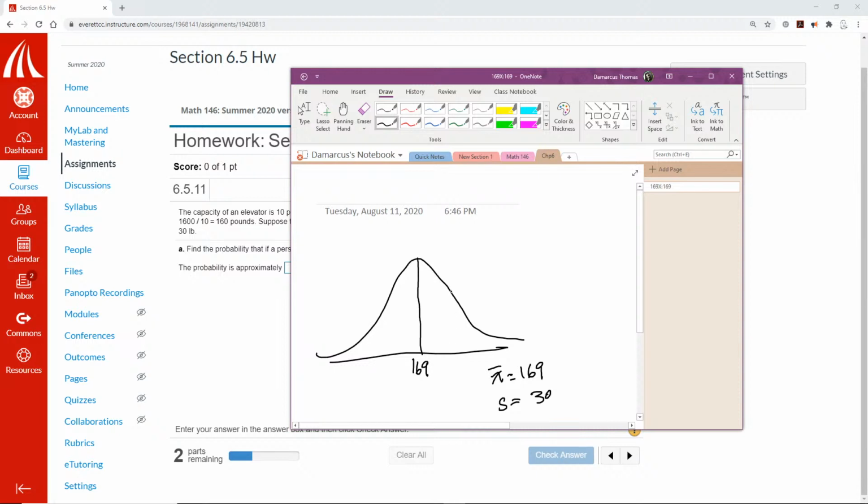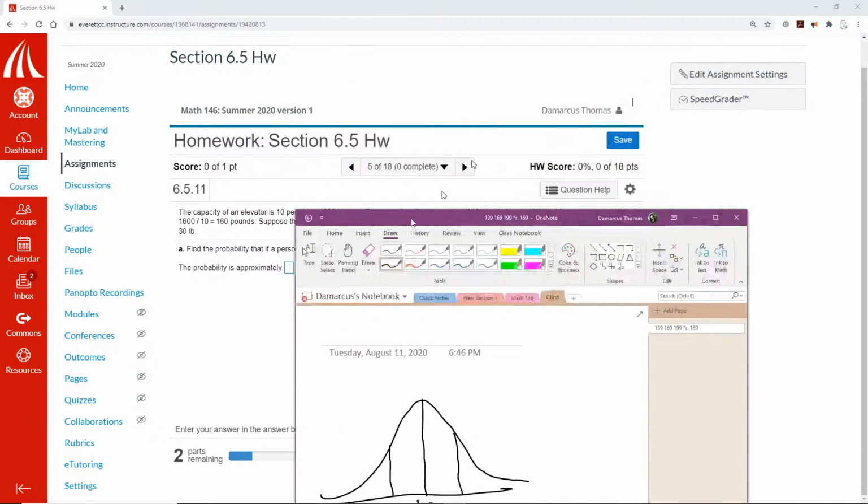So if I add 30 and subtract 30, this is a range of weights. We already know this is about 70% of people will weigh between 139 and 199, approximately.